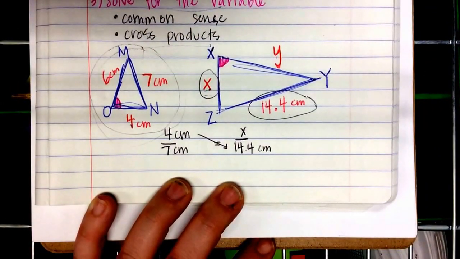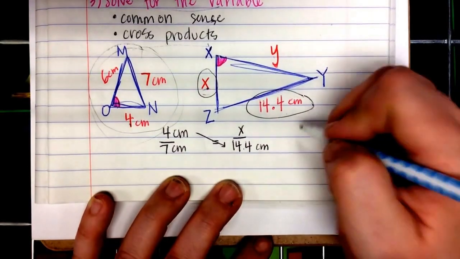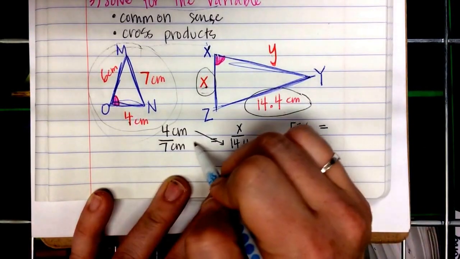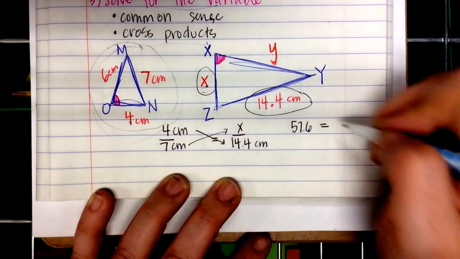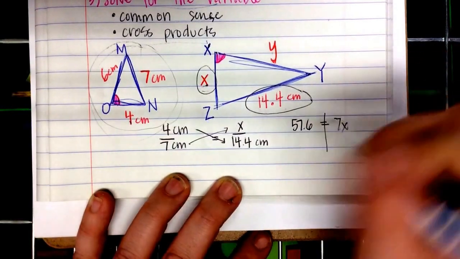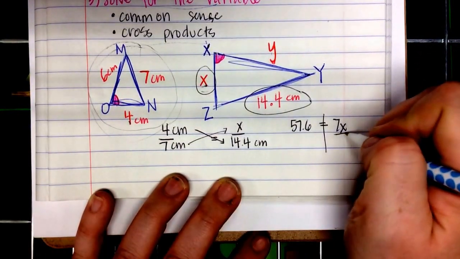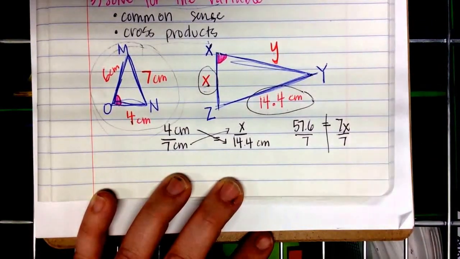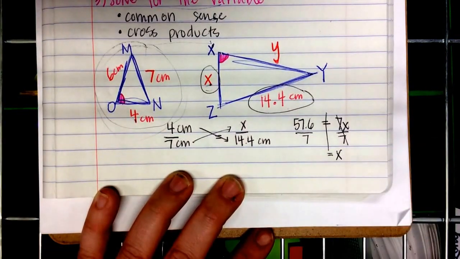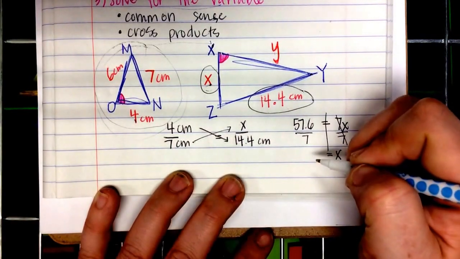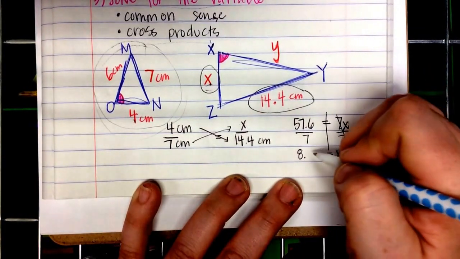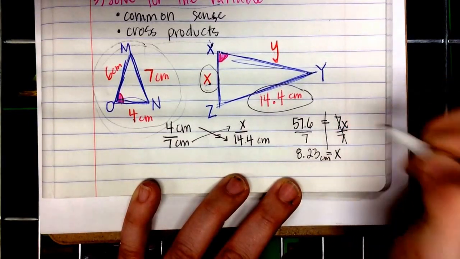What's 4 times 14.4? 57.6. What's 7 times X? Am I done yet? Now what do you do? Divide by 7. X equals what? Round to the nearest hundredth, 2 decimals. 8.23 centimeters.